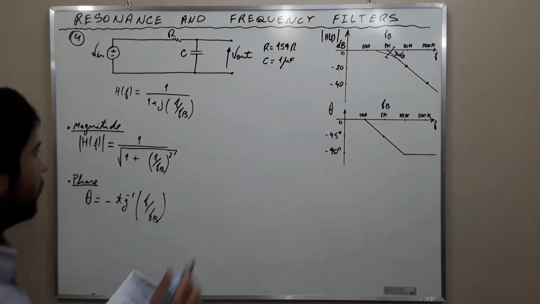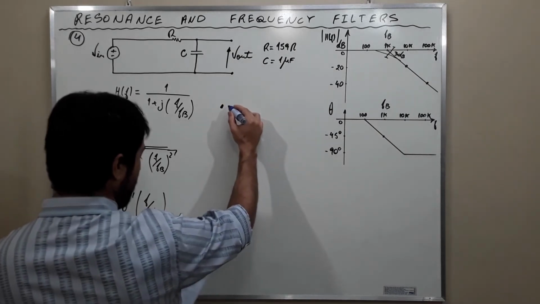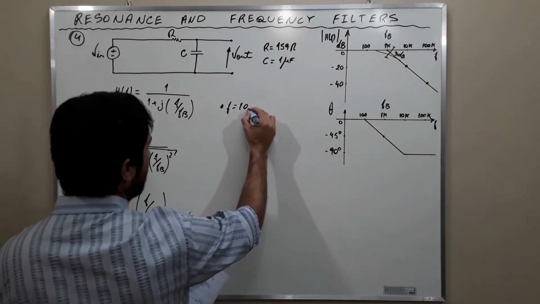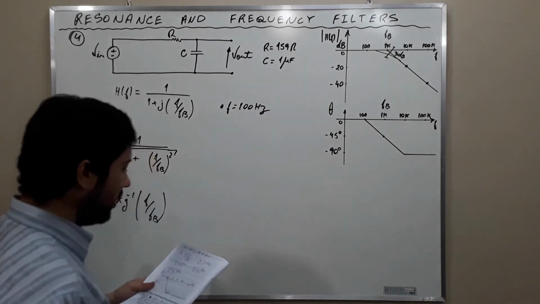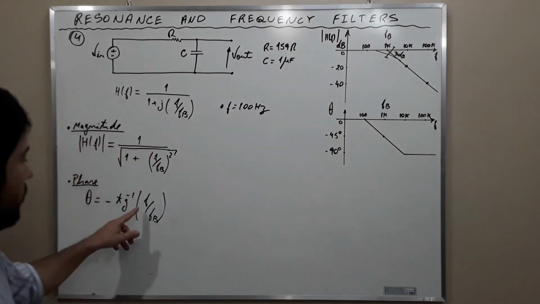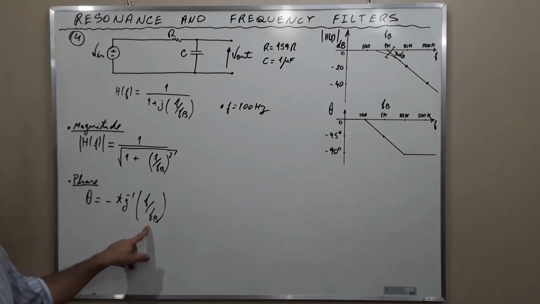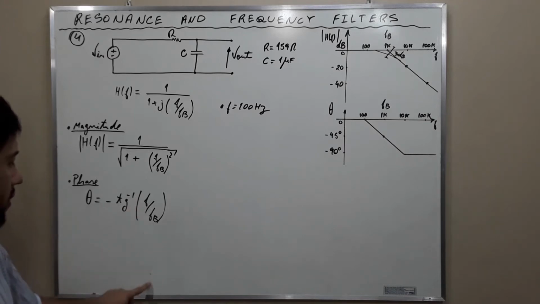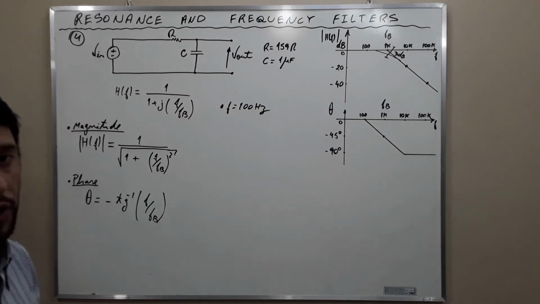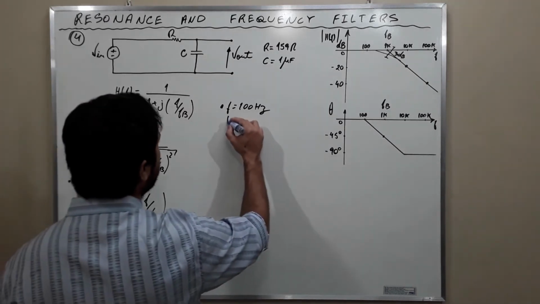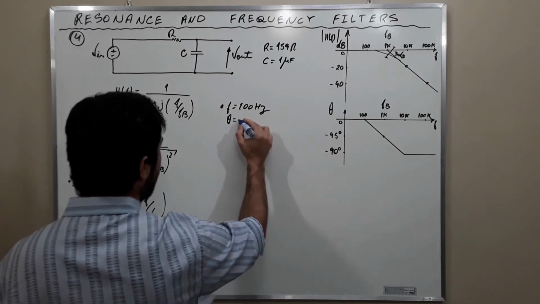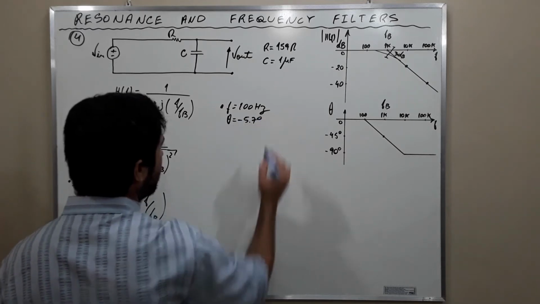And for the frequency of 100 hertz, if we put 100 here, and the knee frequency or the cutoff frequency is 1 kilohertz, if we divide and take the inverse tangent of it, we find that the angle is equal to negative 5.7 degrees.